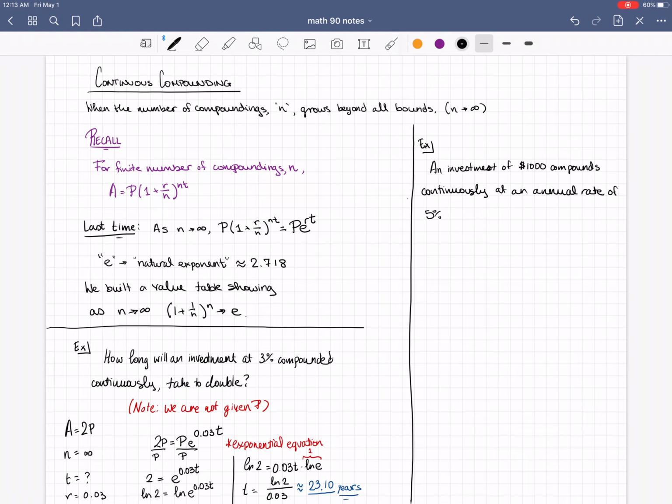And so let's just answer a few questions here. So A, what is the value of this investment after 10 years?